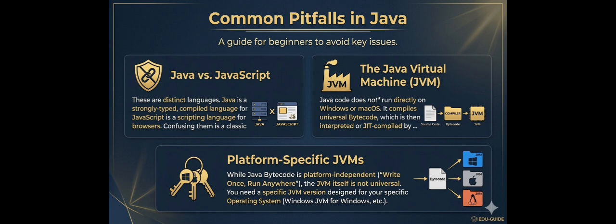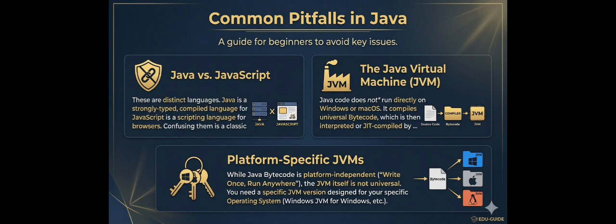Understanding common mistakes can help beginners avoid making errors. First, Java versus JavaScript confusion. Beginners often assume these two languages are identical or closely related due to the shared name, but that's not true.